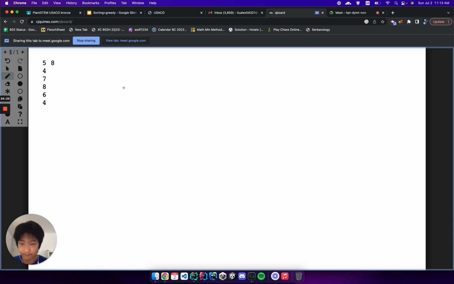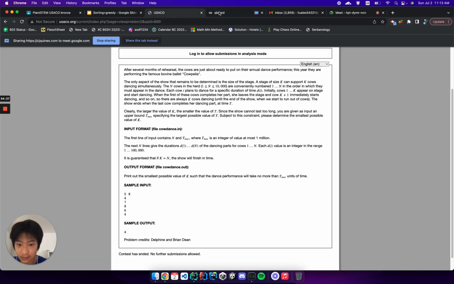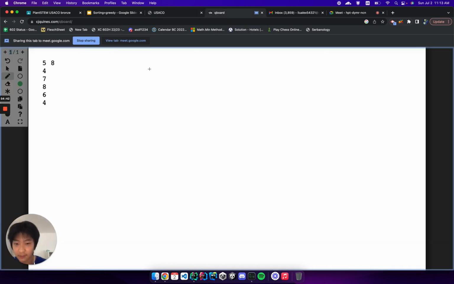The first thing to notice is that if we have some k that will fit within T max, then we know that all values of k that are greater will also fit within T max, right?